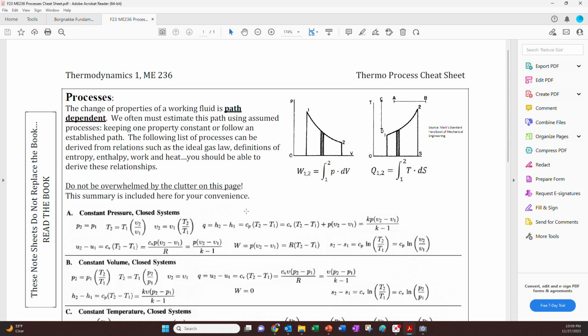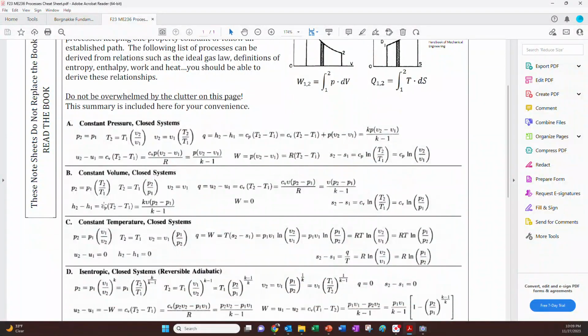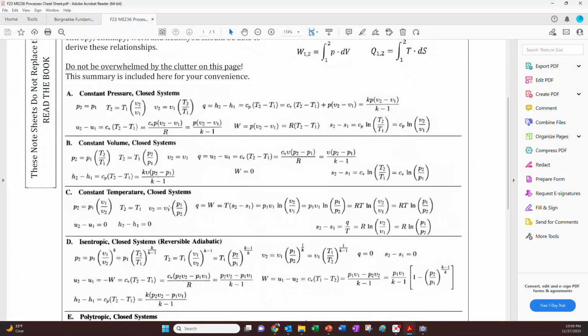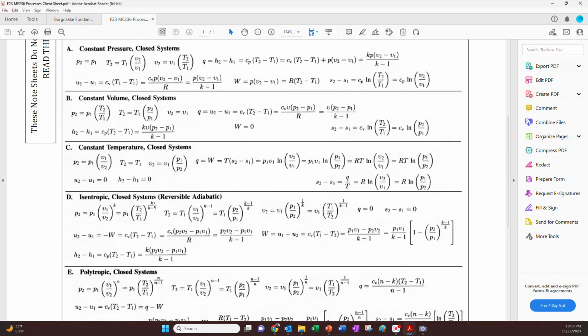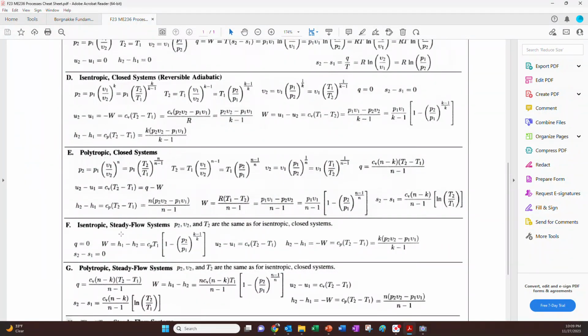All right, so we have some things in here that we've seen already for various types of processes: constant pressure in a closed system, constant volume in a closed system, constant temperature in a closed system, isentropic in a closed reversible and adiabatic system, polytropic, isentropic, steady flow.